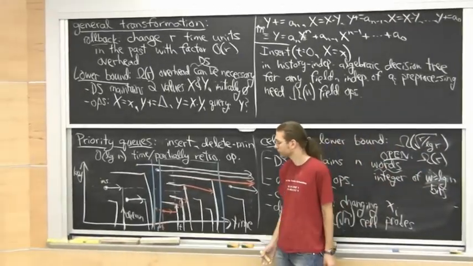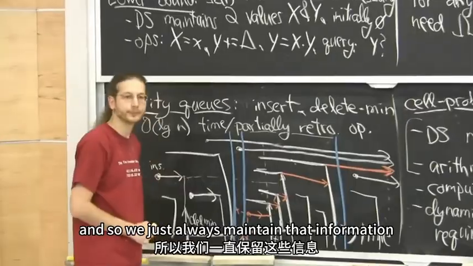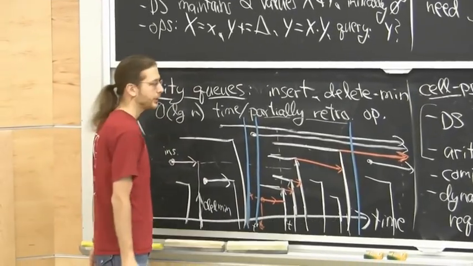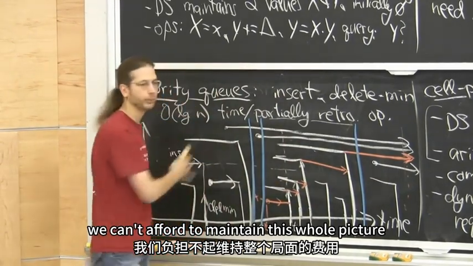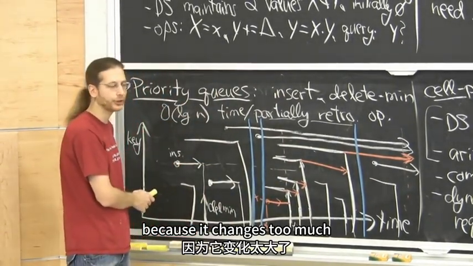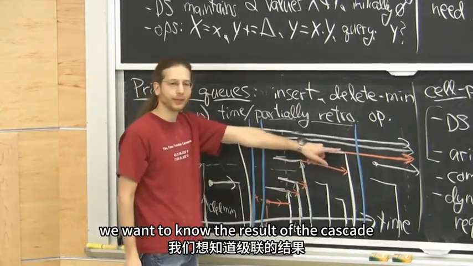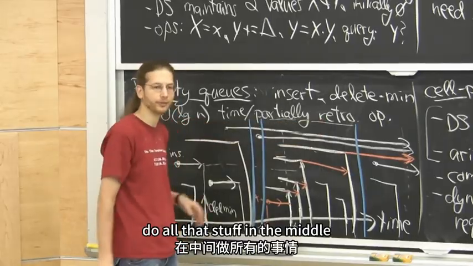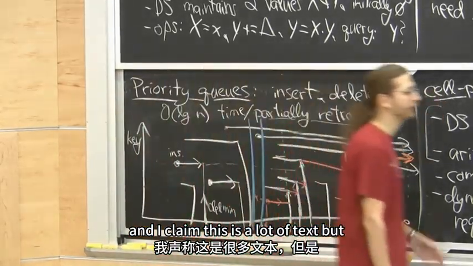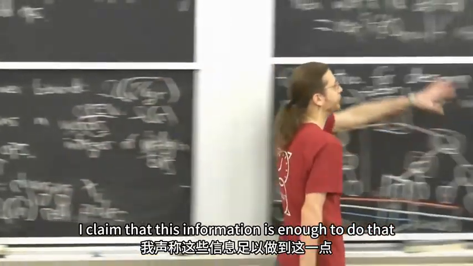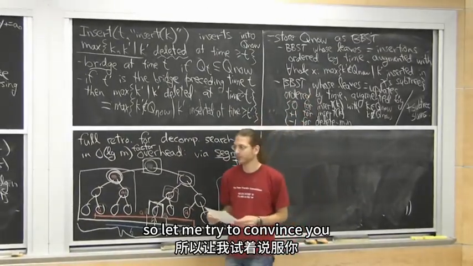We want to compute how one of these cascades will end, and so we just always maintain that information. We can't afford to maintain this whole picture because it changes too much. But we're given this, we want to know the result of the cascade without having to do all that stuff in the middle. That's our goal. And I claim, this is a lot of text, but I claim that this information is enough to do that in log n time. So let me try to convince you.